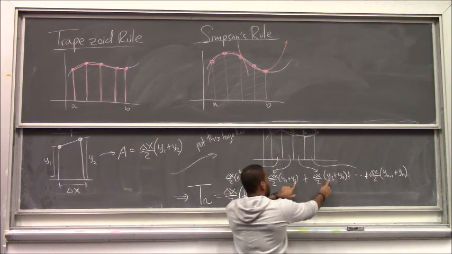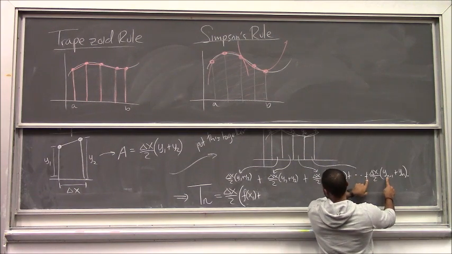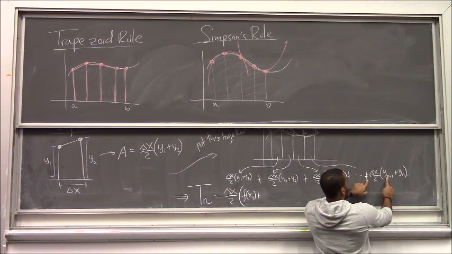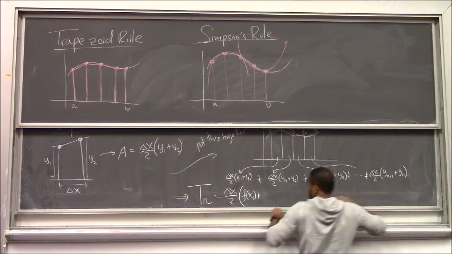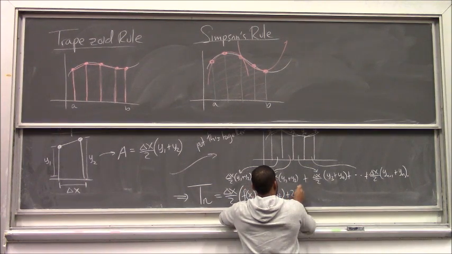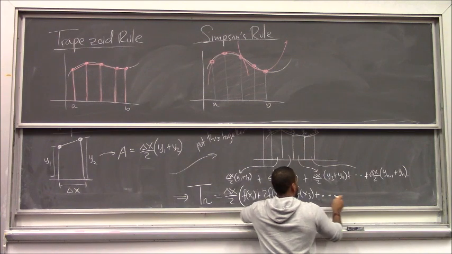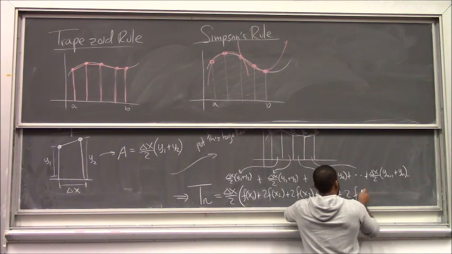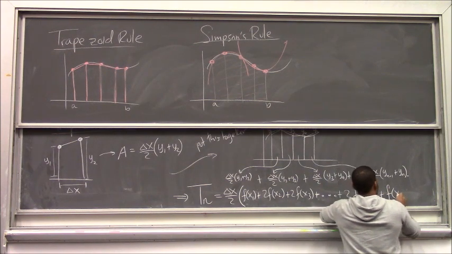You're also going to have 2 y3s. You're also going to have 2 y4s, etc. You're going to have everyone doubling up in the middle, all the way up to your yn minus 1, and then you're just going to have a yn. So it's going to be 2 times f of x2 plus 2 times f of x3 plus, and it continues like that until you end up with 2 times f of xn minus 1 plus your f of xn.